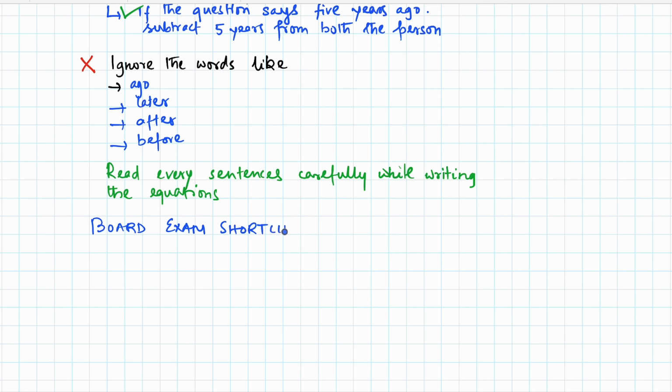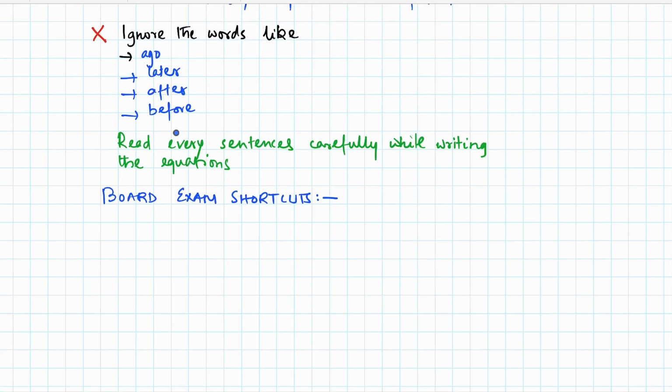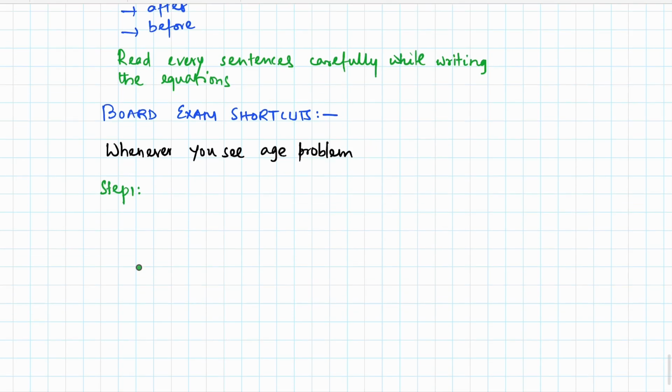Now, what are the board exam shortcuts or some exam tips? Whenever you see an age problem, step 1, what you need to do, assume the ages and assign the variables x and y to them. That is the first step you need to do.